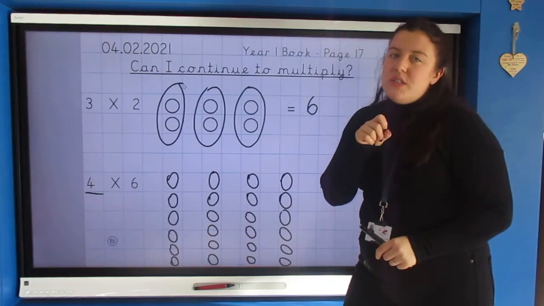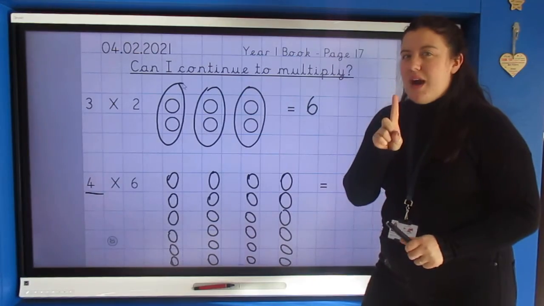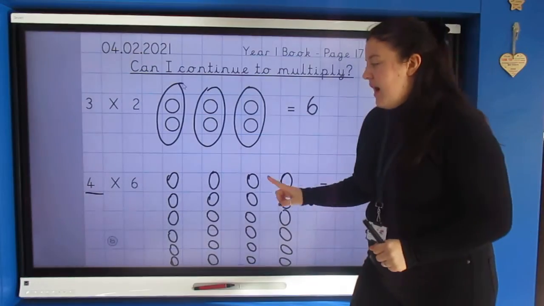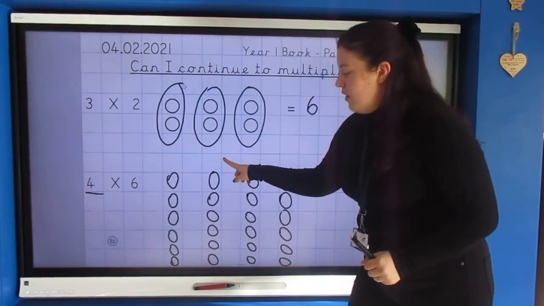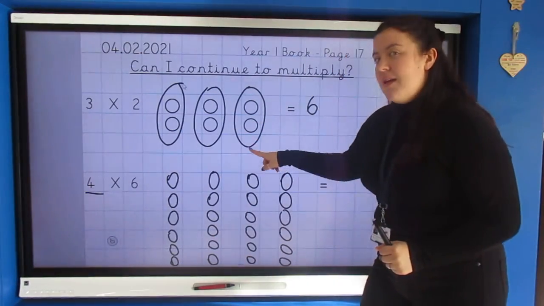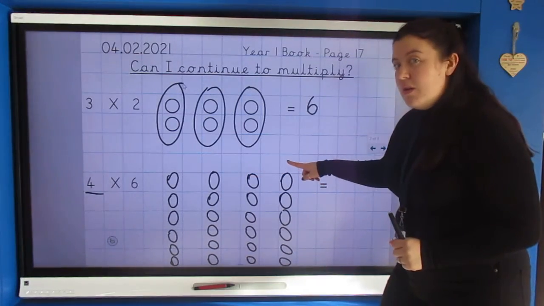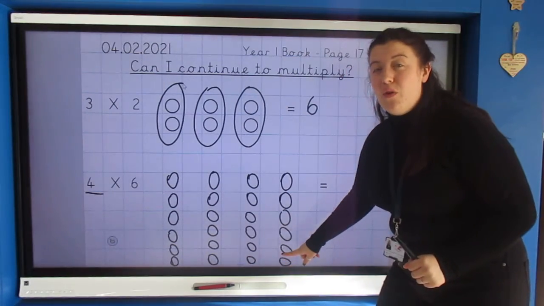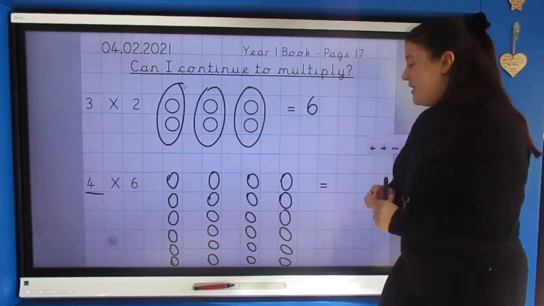Now if you did your 6 times table at the beginning and you've practiced them, you might be able to count in 6s to find the answer. 6, add 6 more. 12, add 6 more. 18, add 6 more. 19, 20, 21, 22, 23, 24. 4 times 6 is 24.